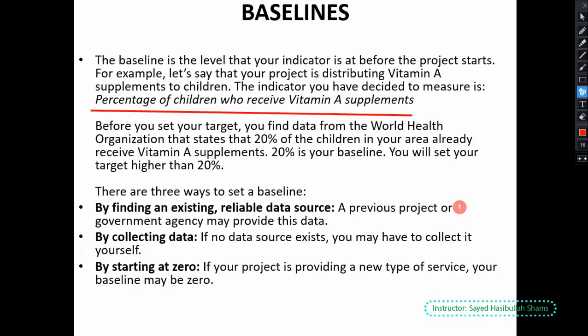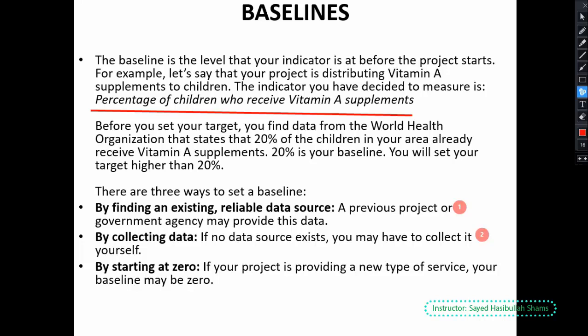The second way: if we did not find and were not able to obtain this data from a reliable source, we must collect data ourselves. Therefore, we will develop a questionnaire. We will train data collectors, enumerators for example. We will design a database.